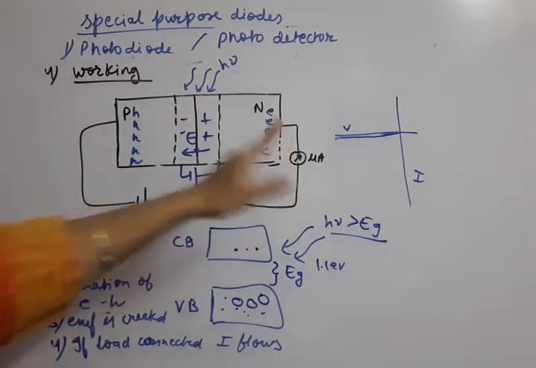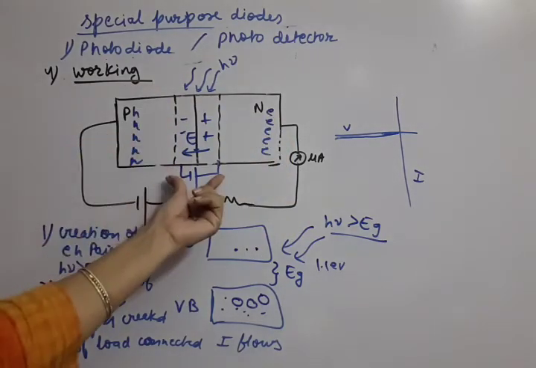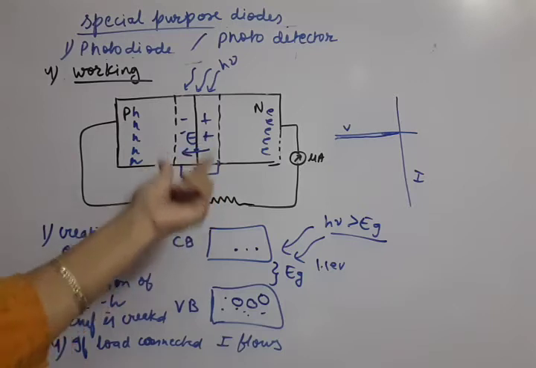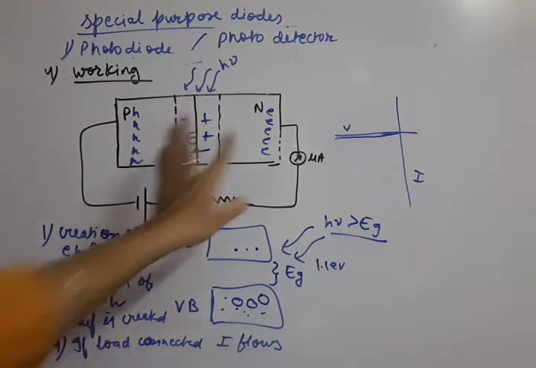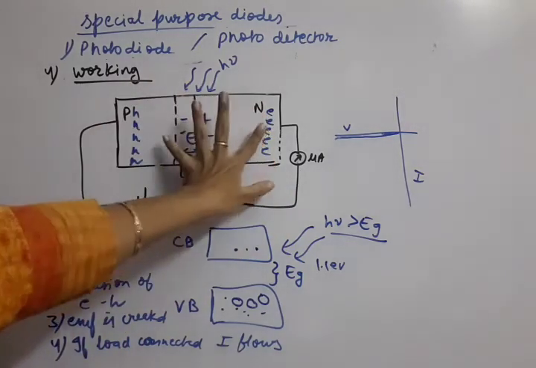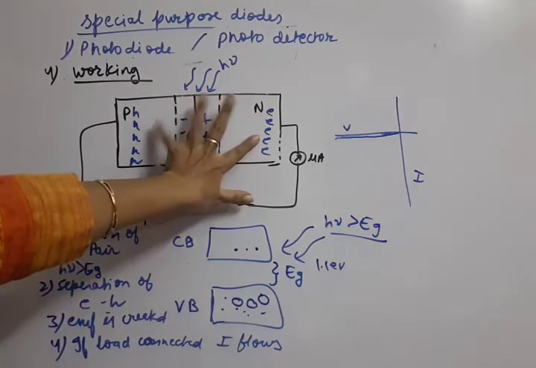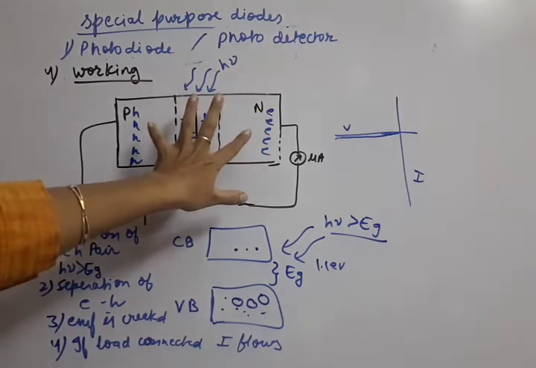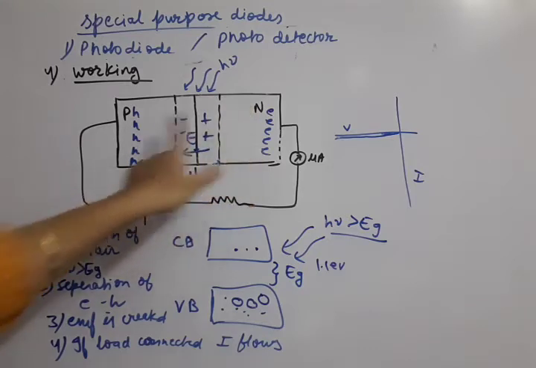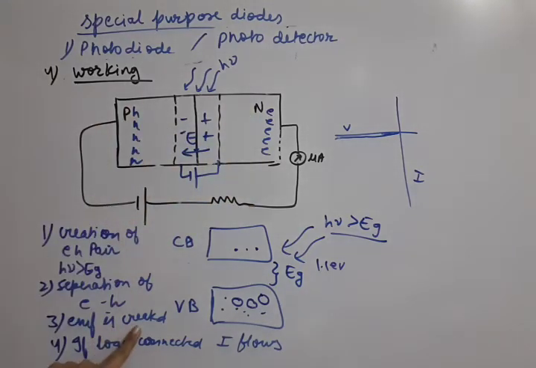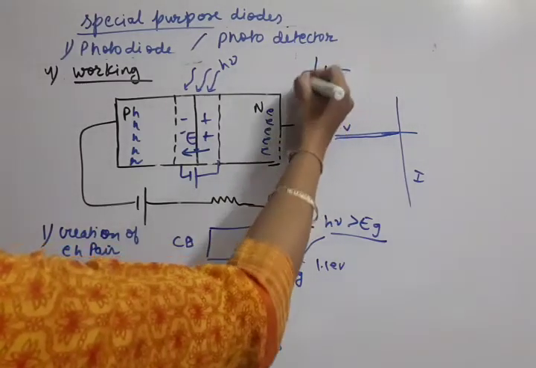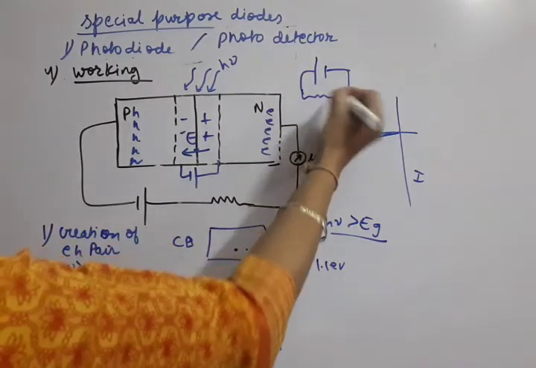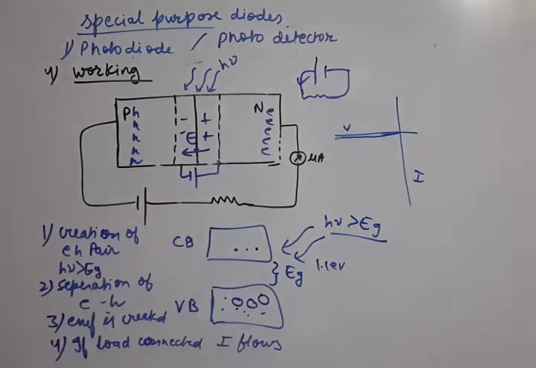Electrons shifted this side, holes shifted this side because of this electric field or potential barrier. So separation. Then, because electrons and holes are collected at two ends, they create an EMF or voltage difference. Now if we connect the two ends by any load, current starts flowing through the load.